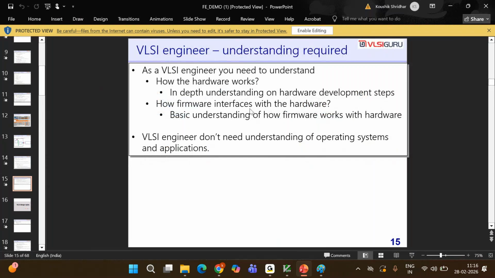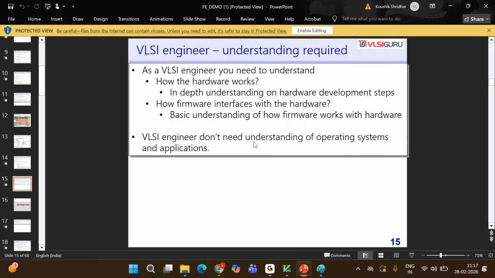How firmware interfaces with hardware, that is, how the driver interfaces with the hardware. A basic understanding of how firmware works with the hardware is sufficient. In-depth knowledge of hardware operation is needed for a VLSI engineer. Basic understanding means whatever you understood today in terms of a driver, that is sufficient. In-depth means a deep dive into the hardware operations.